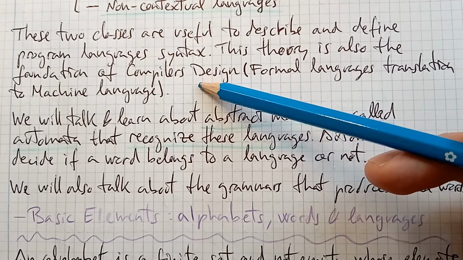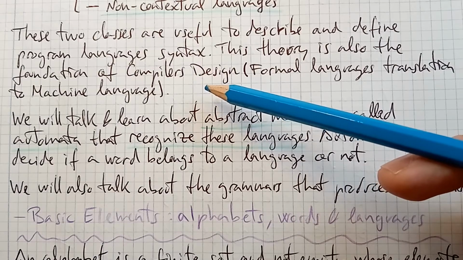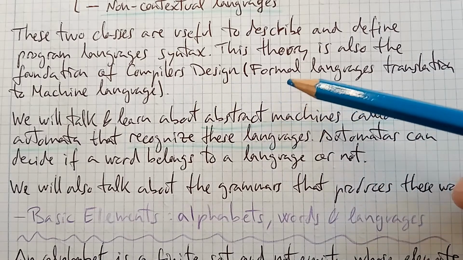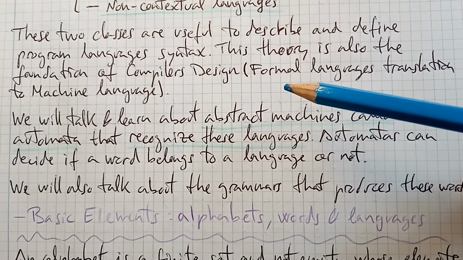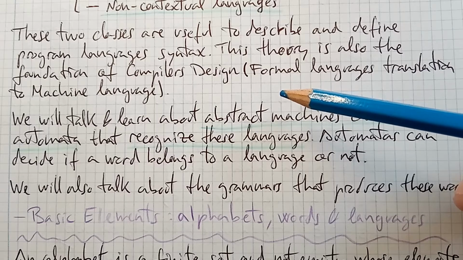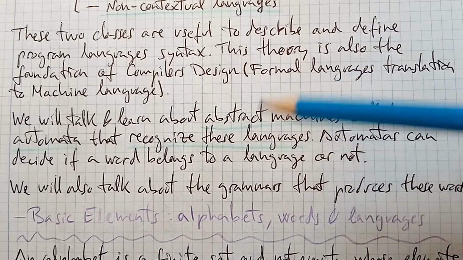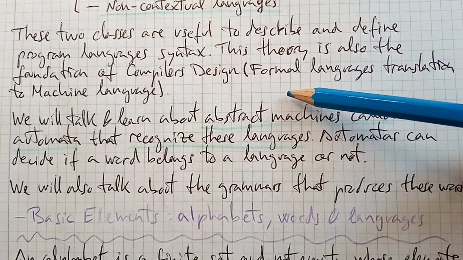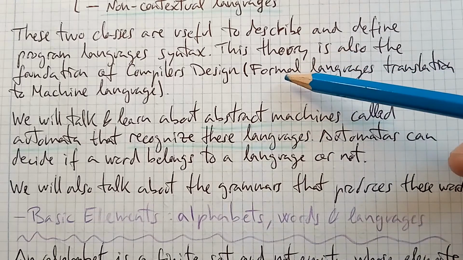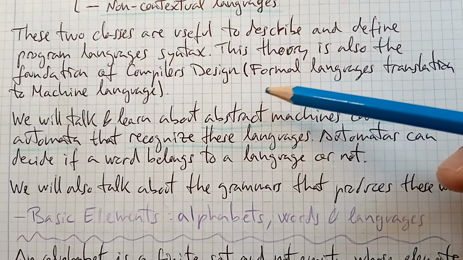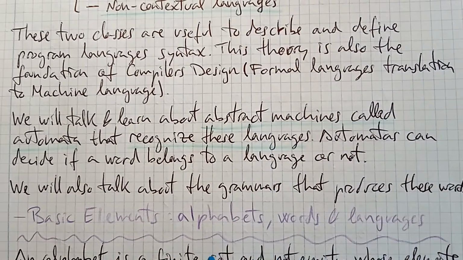For the ones which are compiled, we need a translation from the source code in high-level languages to machine languages. Well, machines only understand zeros and ones.